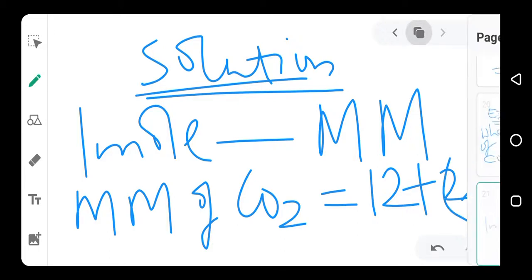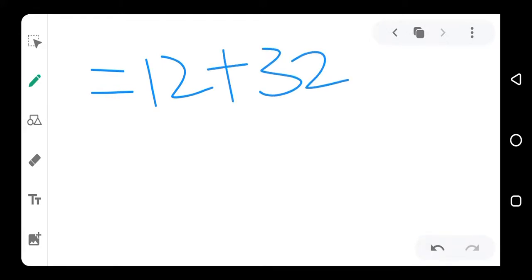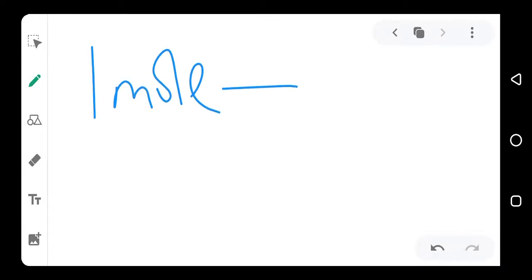So we have that the molar mass of CO2 is 12 plus 32, which is 16 times 2, which is now everything is 44 gram. And so we say that 1 mole of CO2 gives us 44 gram.